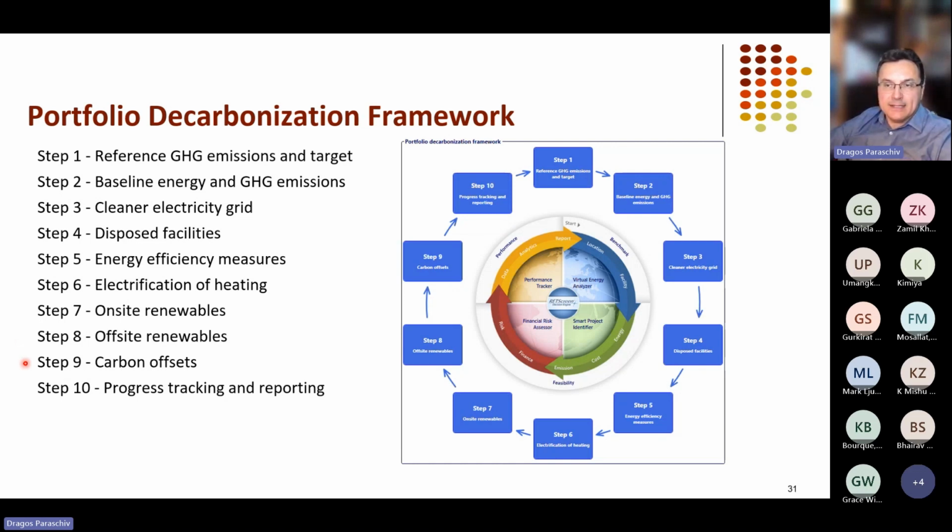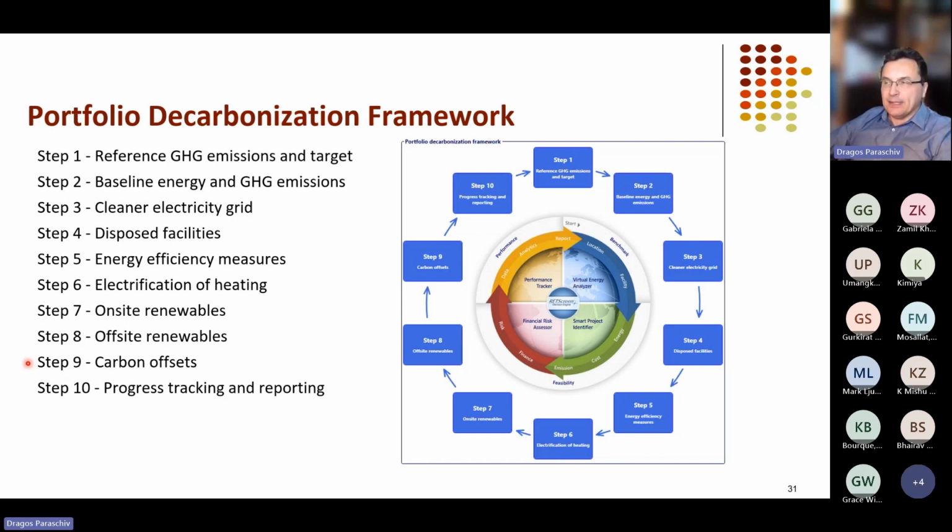And as a last resort, we have carbon offsets, basically compensating for that last 10% or whatever is left over in our emissions that is very difficult to reduce. We use carbon offsets to bring us to net zero.